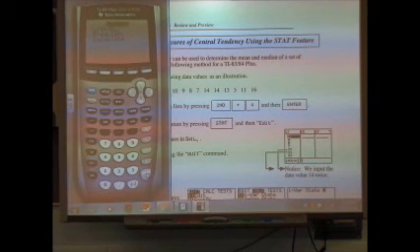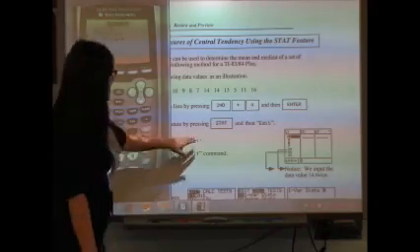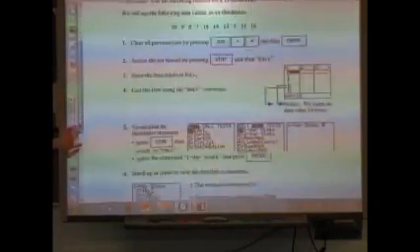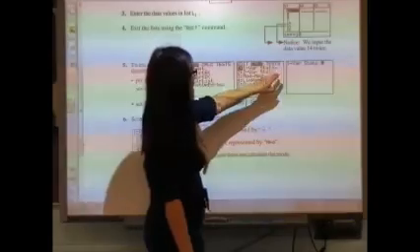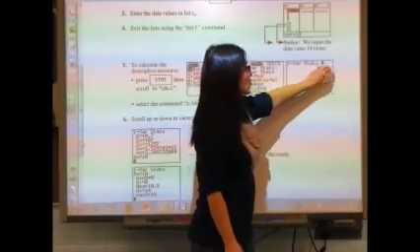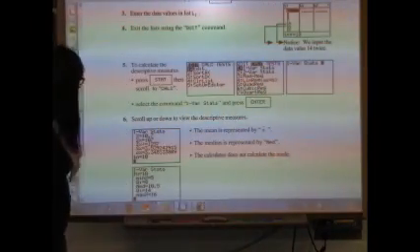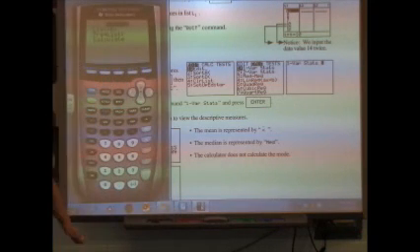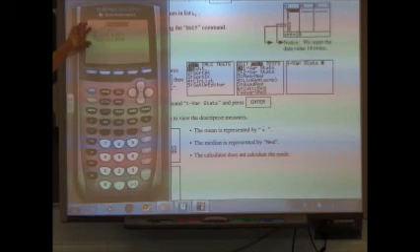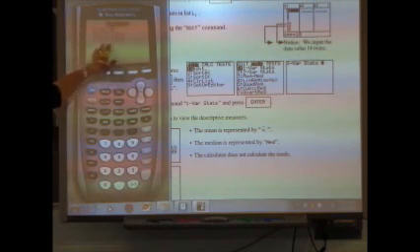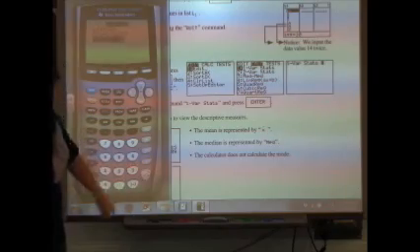Depending on your calculator, you may come up with 2 different screens. If you look in the book, the screen that they come up with just has 1 var stat, and then the cursor goes at the end. The calculator that I have has the lists in it. List L1, I don't have a frequency list. I would leave that blank, and then I would just go down to calculate.